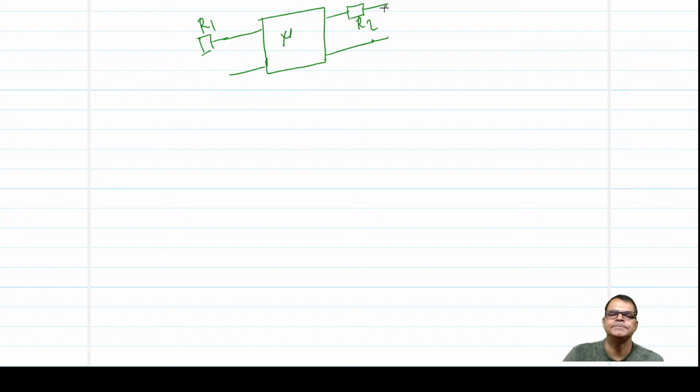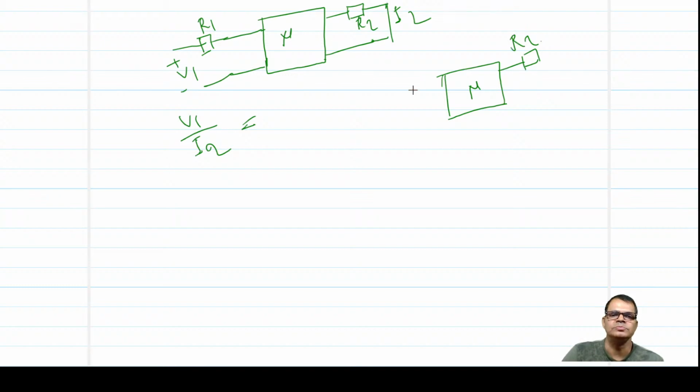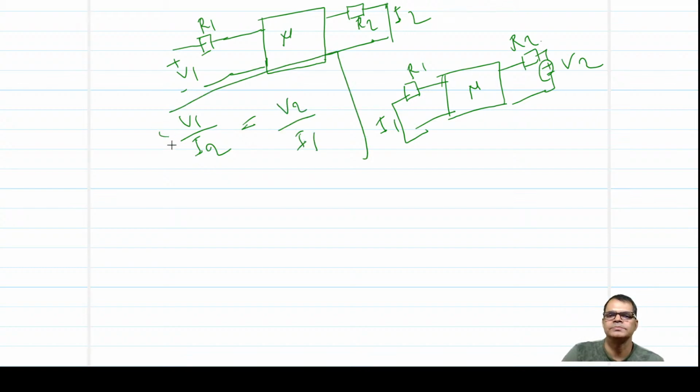What it says is, if you connect here, this is R2, just remember it, R1, then here I measure I1 and here I apply the forcing function V2. So that ratio V2 upon I1 is also the same. Hope it is clear for you.